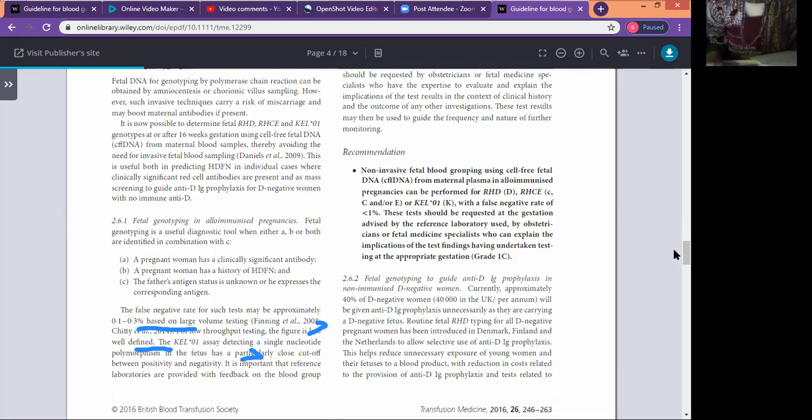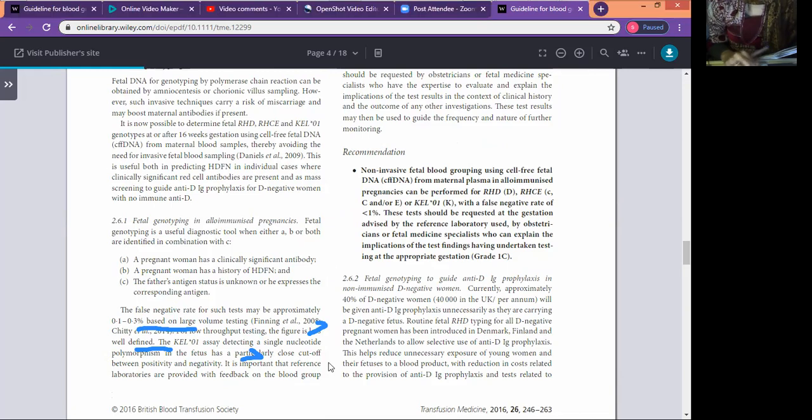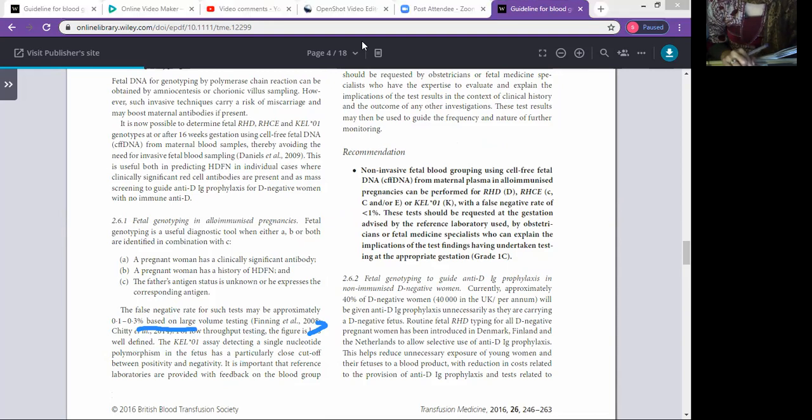Now this cell-free fetal DNA is obtained from the maternal serum, and they have identified certain laboratories that do it.